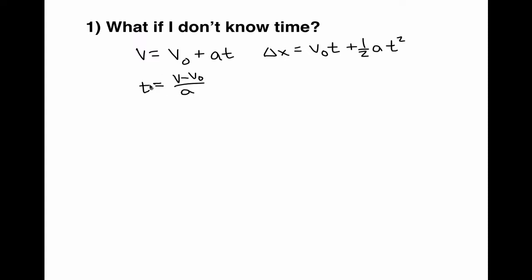Now what I'm going to do with this is plug this into this equation here for time. And now what I've essentially done is I have a new equation that does not include time. So if I plug that in, I get something that looks like this.